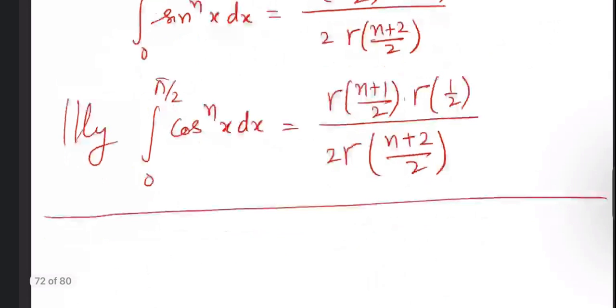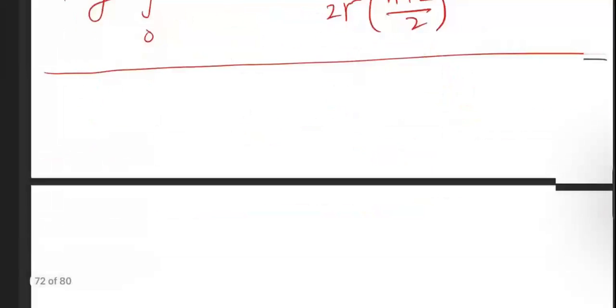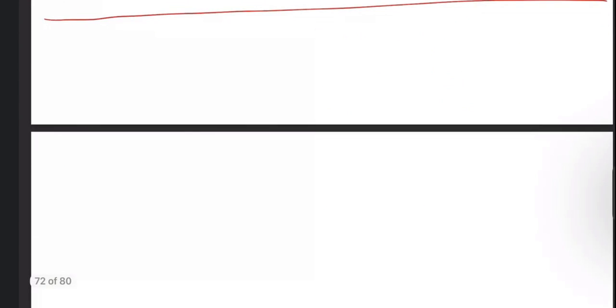Okay. Now let us consider the question. Let us consider the questions on the basis of these. Let us consider the example on the basis of the formula derived earlier.